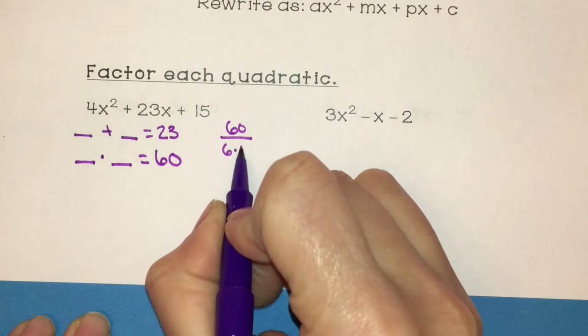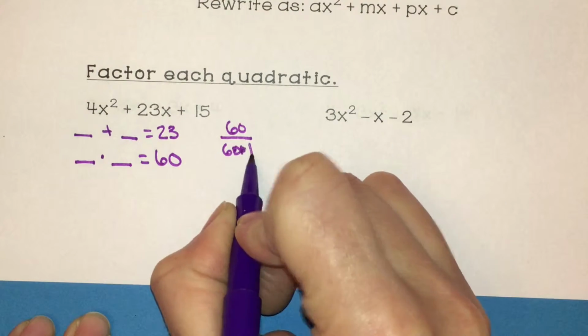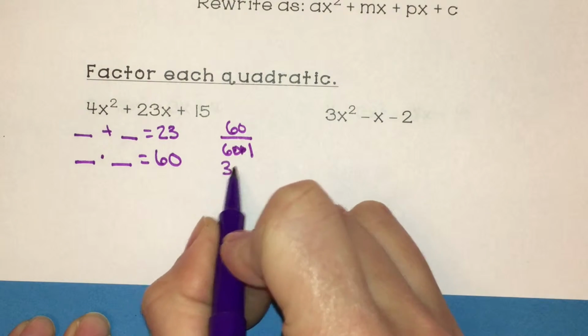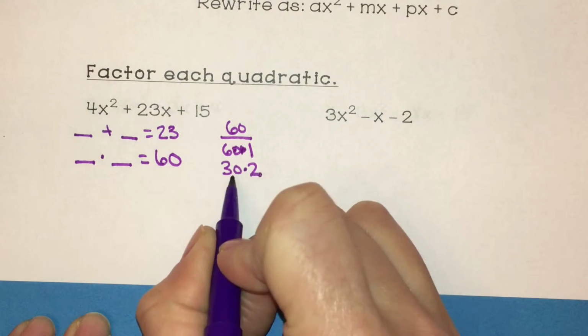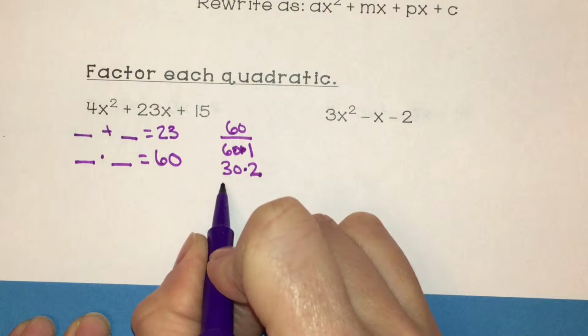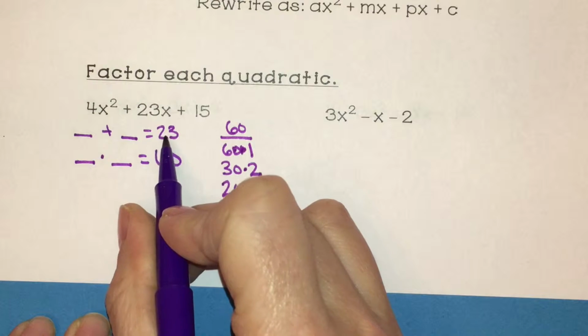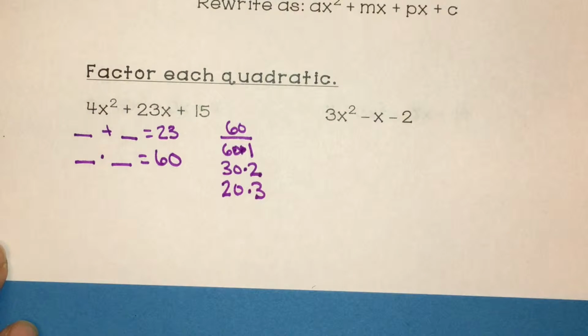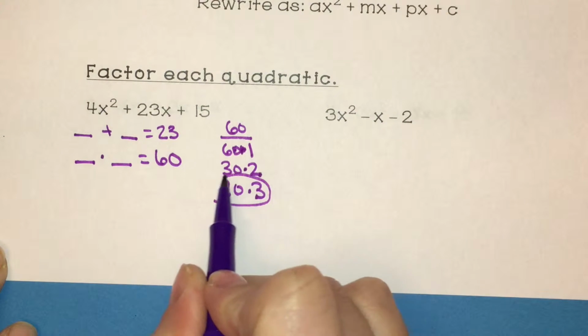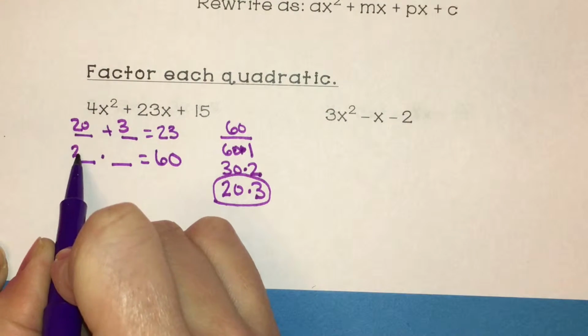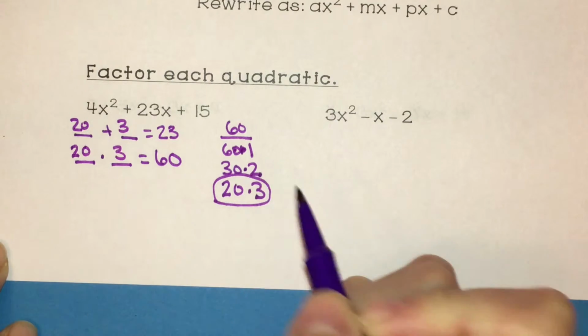We have 60 times 1, which will never give me 23, because 60 plus 1 is not 23. We have 30 times 2. 30 plus 2 is not 23. I'm going to keep going. We have 20 times 3. 20 plus 3 does give me 23. So 20 plus 3 equals 23, and 20 times 3 is equal to 60.